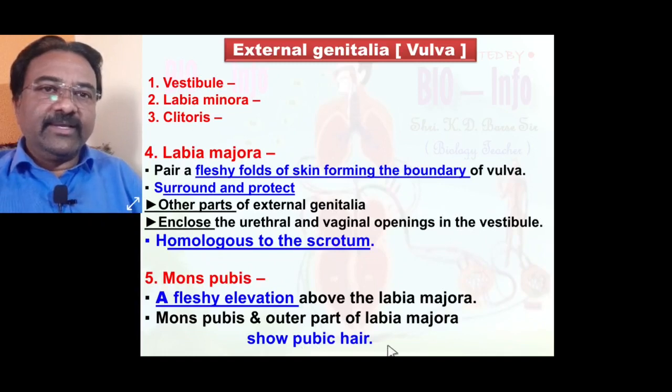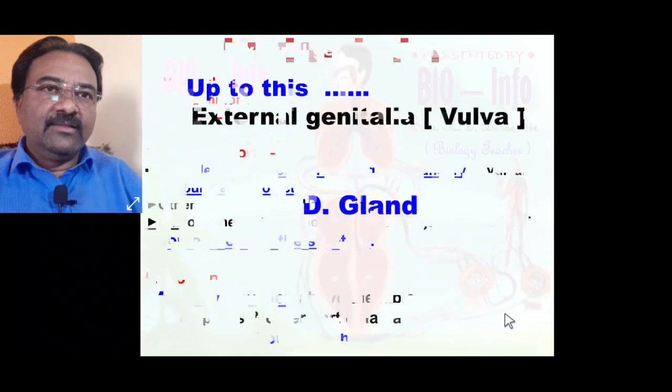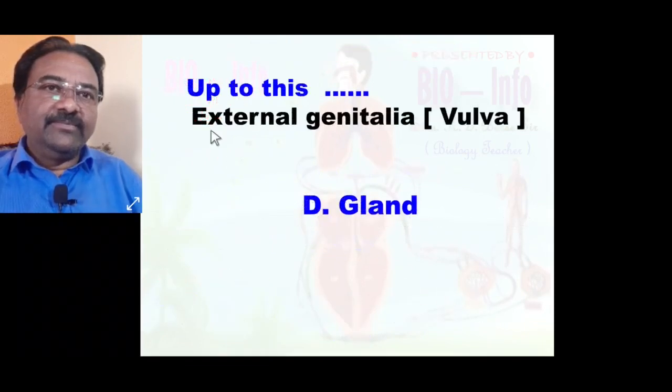Here we discussed in detail all the 5 different parts of external genitalia vulva: vestibule, labia minora, clitoris, labia majora and mons pubis. Now up to this we have discussed external genitalia vulva.